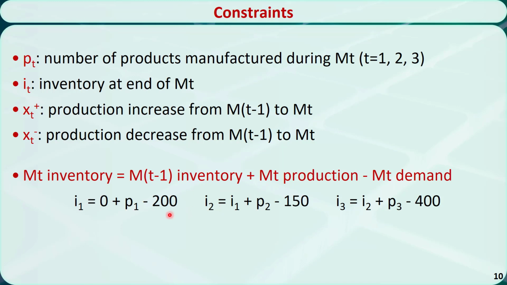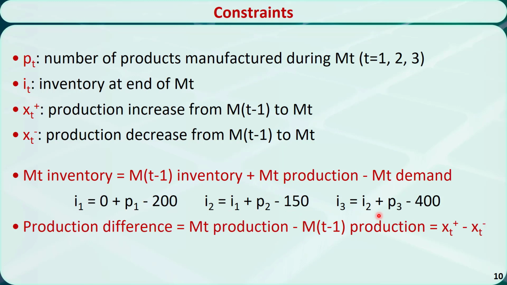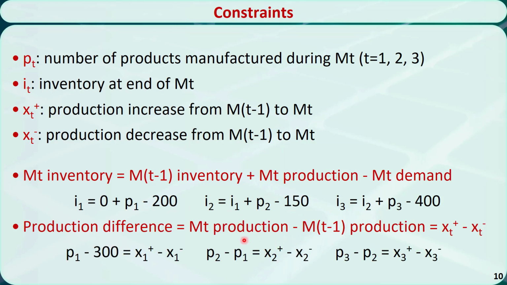We can create these 3 constraints using this relation. Second, the production difference is equal to month T's production minus month T minus 1's production, which is also equal to the production increase minus production decrease. We can create these 3 constraints using this relation.